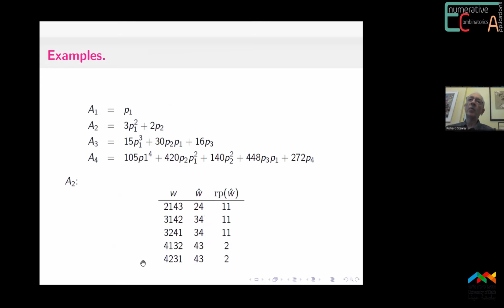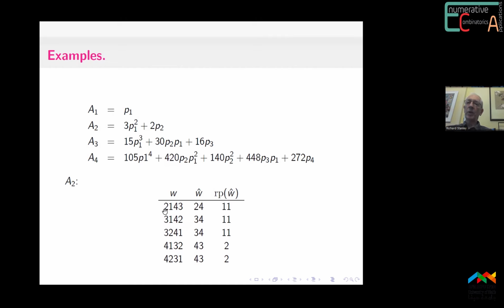Here is an example. First, here are the expansions of A1 up to A4 in terms of the power sums. Some of the coefficients will be Euler numbers, A_{2n}, E_{2n}. So here I've done the computation for A2. There are 5 alternating permutations of length 4.